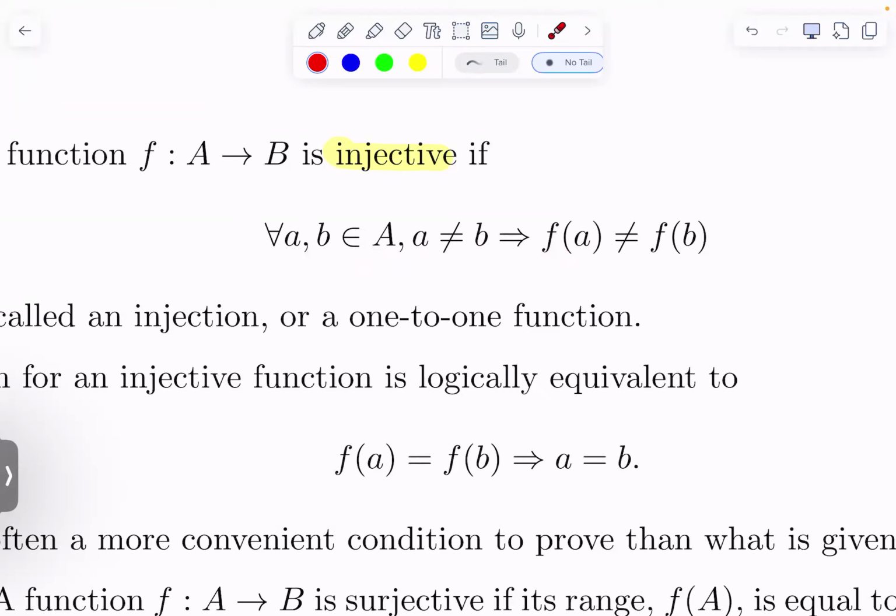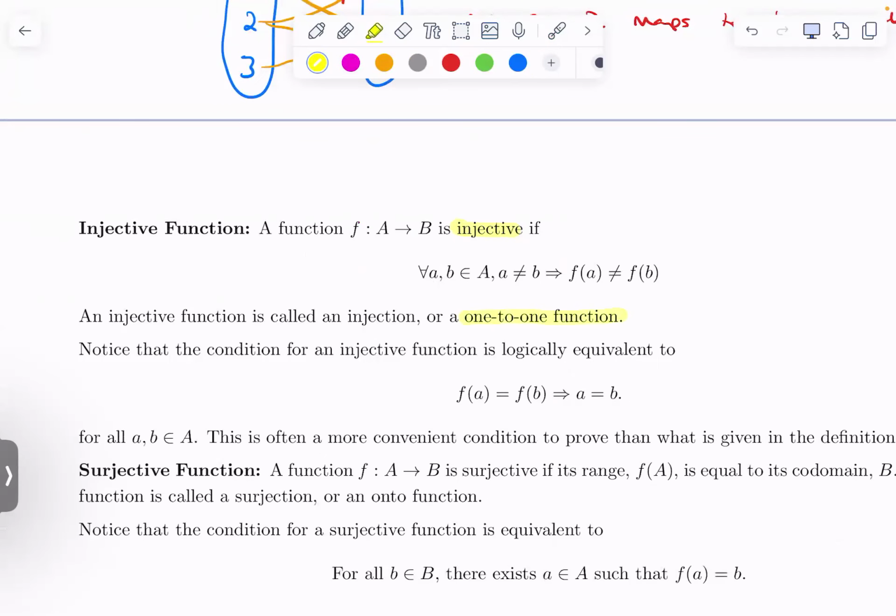That's a special case, and we usually just call it a one-to-one function. We can call it an injective function, but I think calling it a one-to-one function is a little bit nicer and more understandable. And so what does that mean?